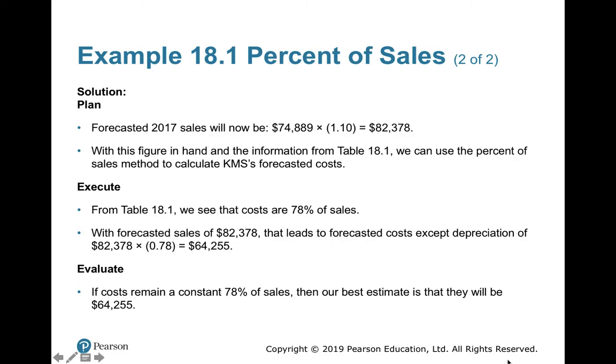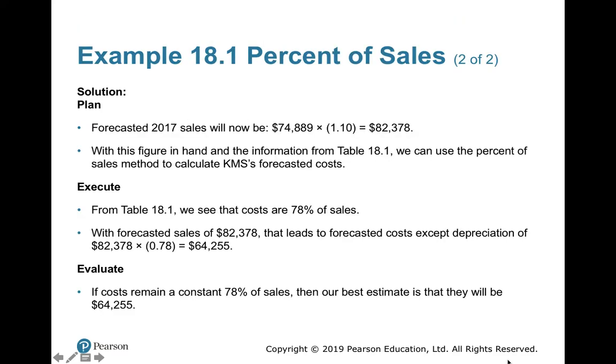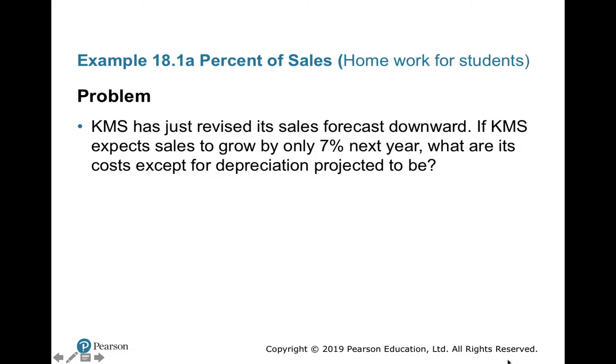Then 78% of the new sales will be the cost. 7.333% of the new sales will be the depreciation. Interest remains the same. Income tax will be 35% of the pre-tax income. Alright? So this is the way we make it.